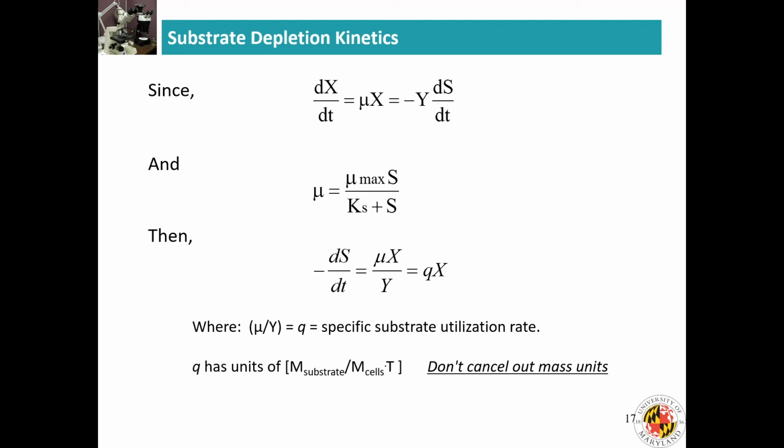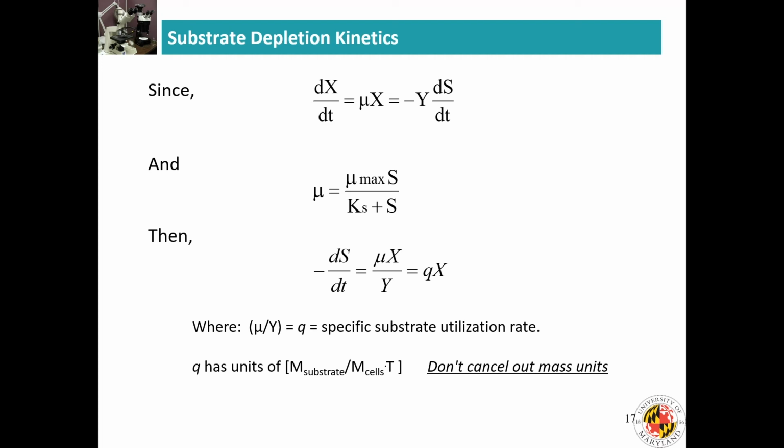If you remember from the previous slides, we can write dx equals y multiplied by ds. So in the first equation, you can see that if we rearrange that, we'll get dx over dt equals negative y ds over dt. And the negative sign is because the substrate utilization is a loss.